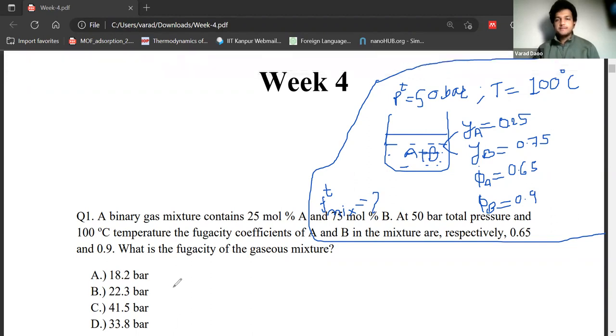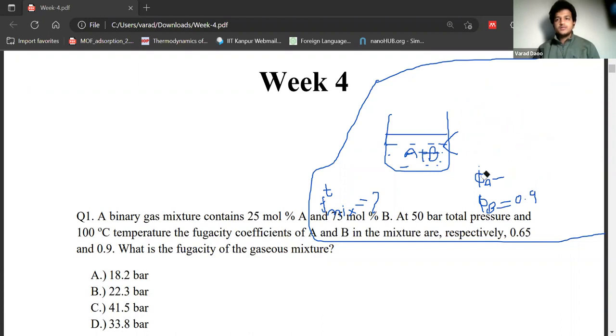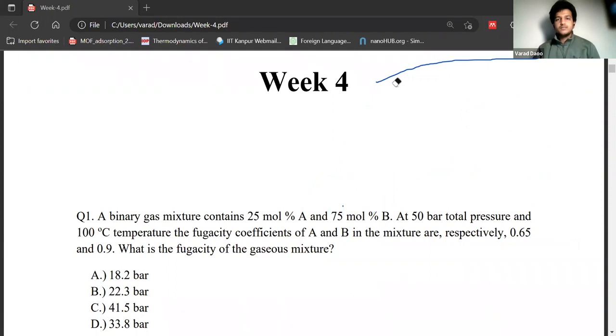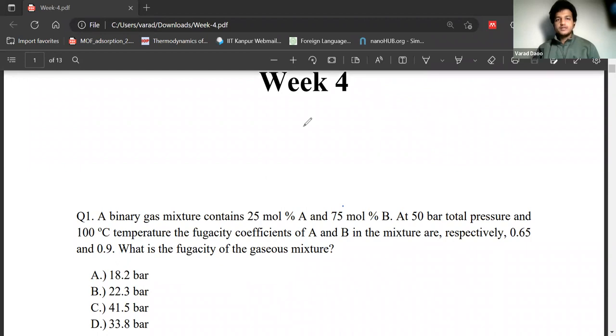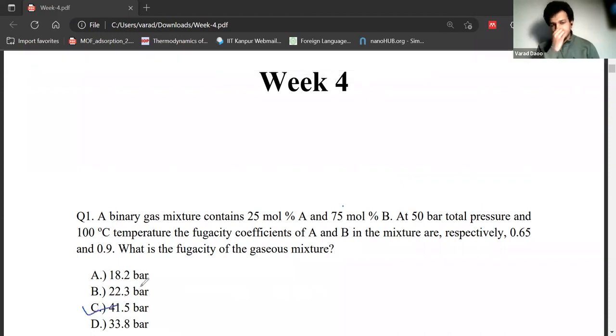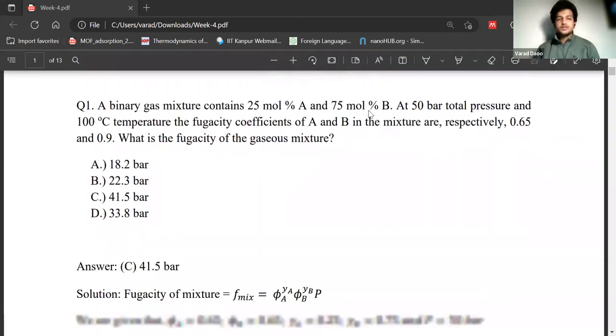Anybody would like to try? The correct answer is option C, 41.5 bar. Anybody got it? Nobody got it? So let us discuss the question.